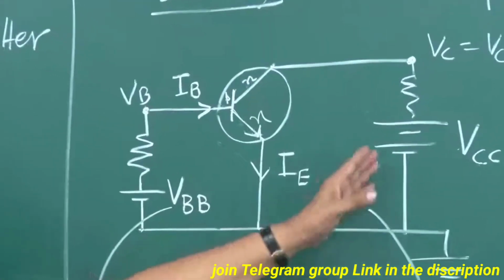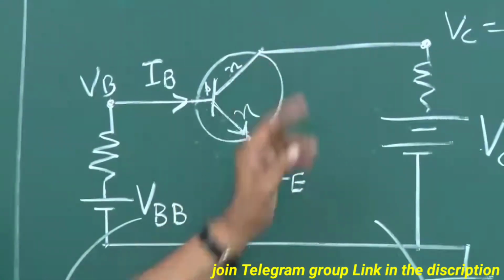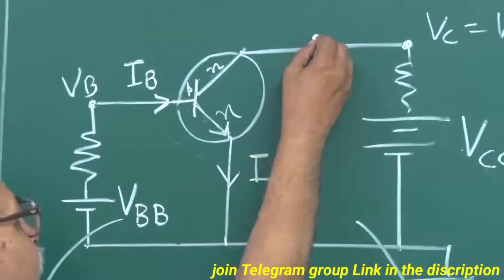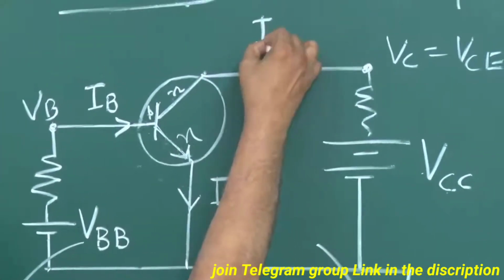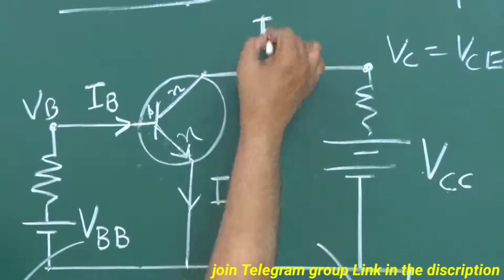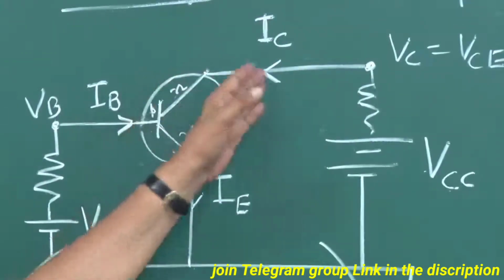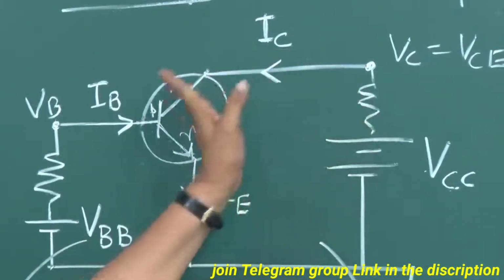And then any current that is here in the collector is written as IC, and the arrow is like this, this is IC. Okay, remember this is reverse biased, and then the current will be of this type.